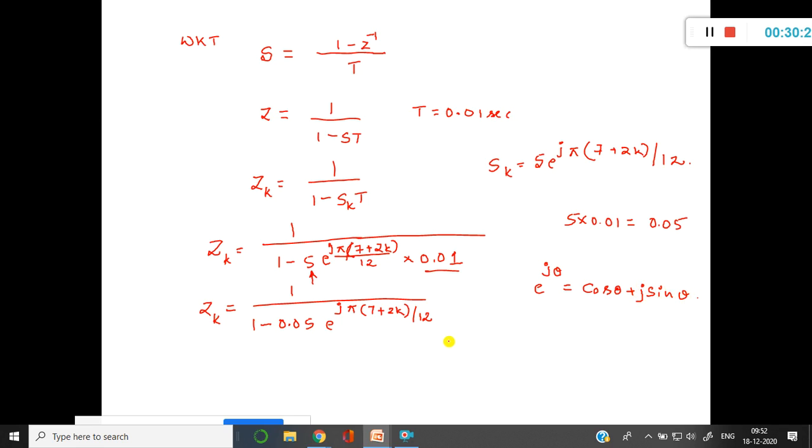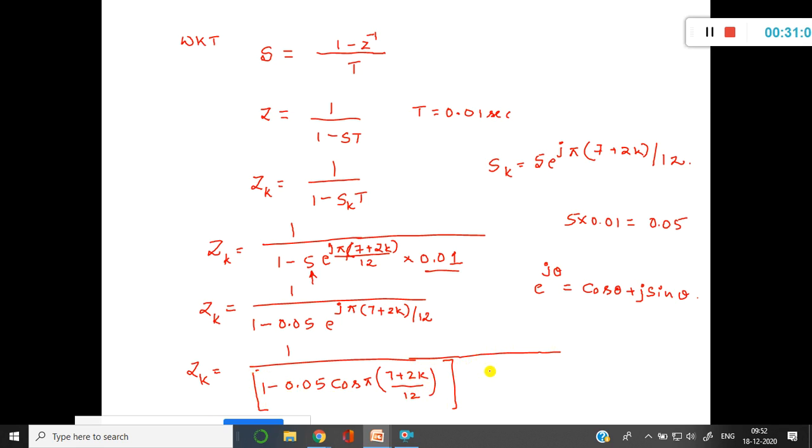Okay, so convert this. So zk is equal to 1 divided by 1 minus 0.05 cos of pi (7 plus 2k) divided by 12. Okay, so this is one term.